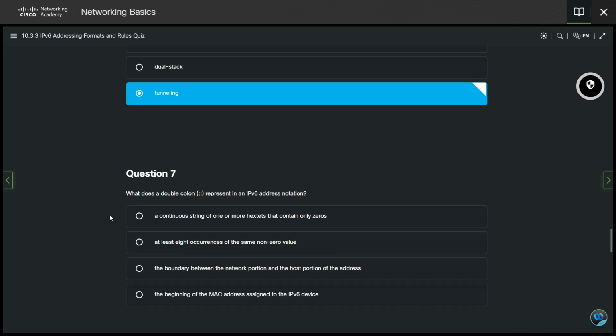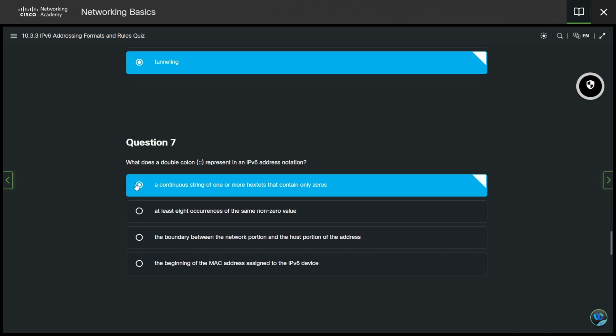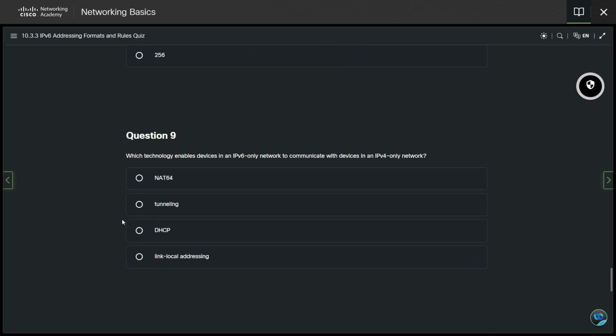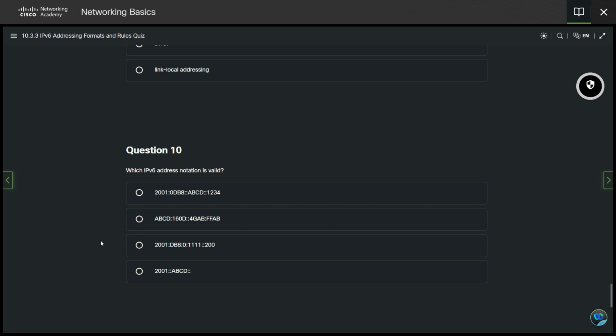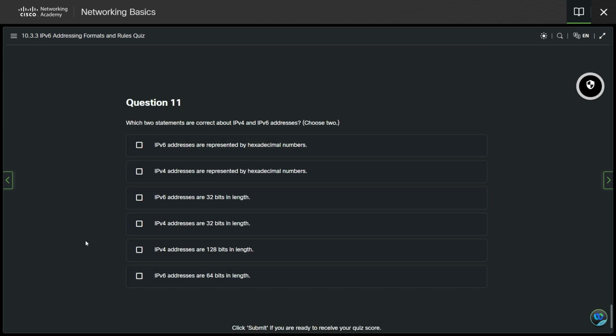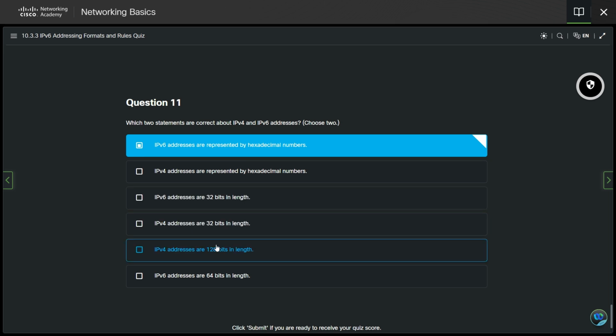Tunneling. Continuous strings of one or more hextets. IPv6, okay, not this, it is this. And question 11. IPv6 addresses are represented by hexadecimal numbers, and IPv6 addresses are 64 bits in length.